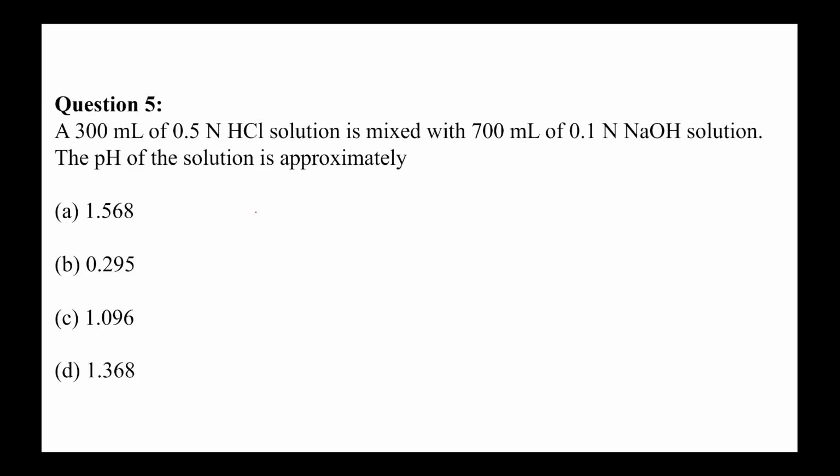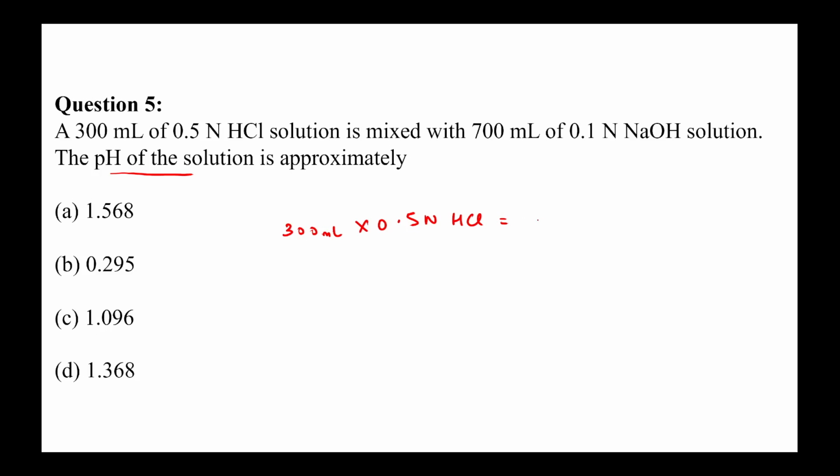So the pH that we'll get for the final solution will be from the extra H+ ions that are present in the solution, or extra cations that are present in the solution. So we have 300 ml of 0.5 normal HCl. From this, first you can calculate the moles of HCl.